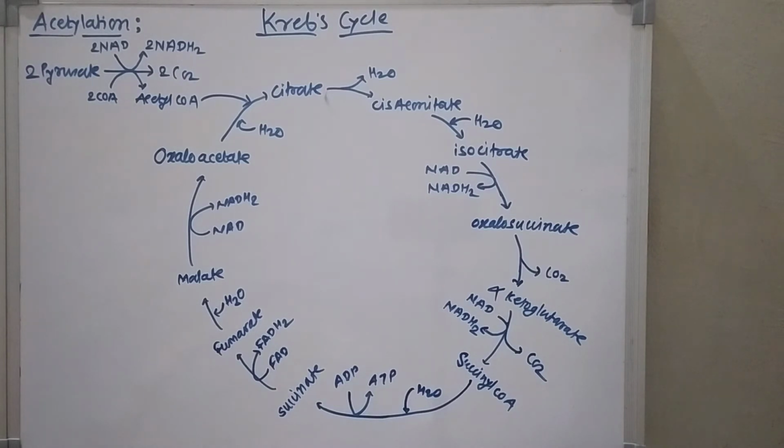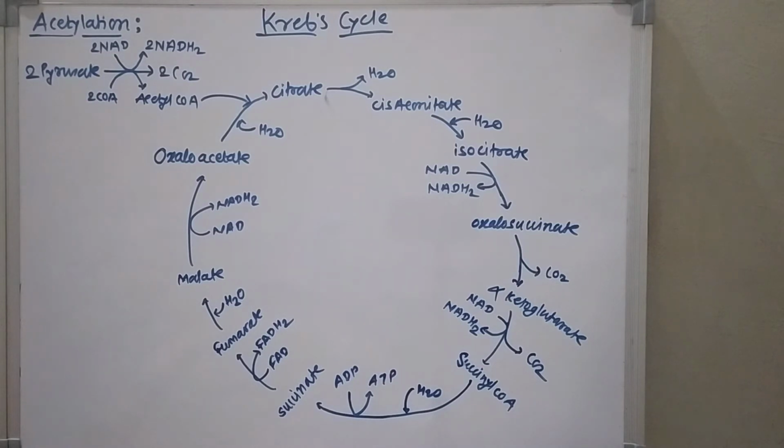Now, in this lecture of the chapter respiration and energy transfer, we discuss the next type of respiration, that is the aerobic respiration. Firstly, we study the definition of aerobic respiration. The respiration in which molecular O2 is involved is called aerobic respiration.